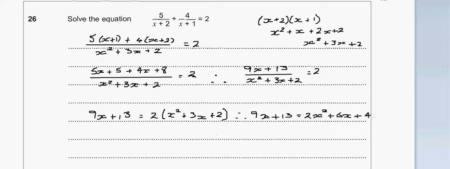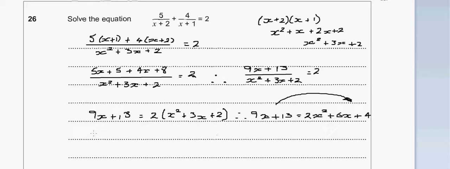Okay, now we can see here we have a quadratic, and the quadratic here is positive, so I want to leave it here, but I do know that all quadratics equal 0, so everything here I'm going to pull this way, remembering to change the signs.